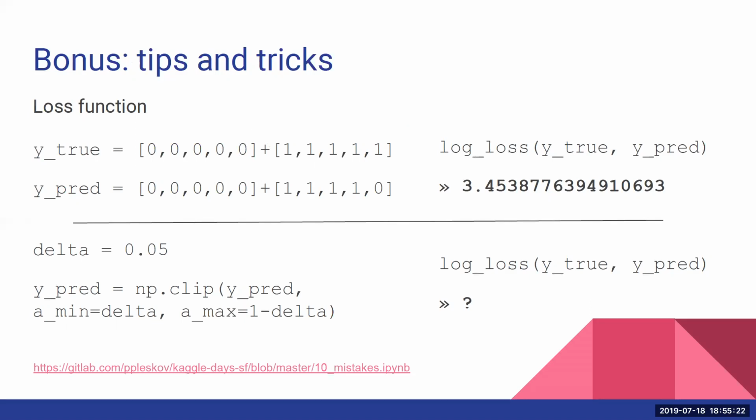Anyone? Any ideas? It's going to be 10 times less. This is probably what you want to get. And it is true about the log loss, but there are other tricks like that you need to take care of. Basically, a very simple trick improves your score 10 times.